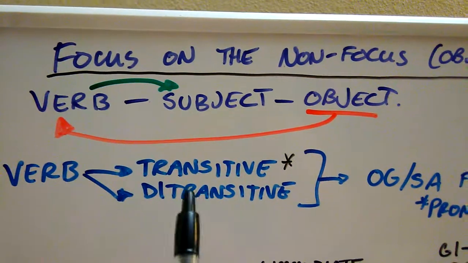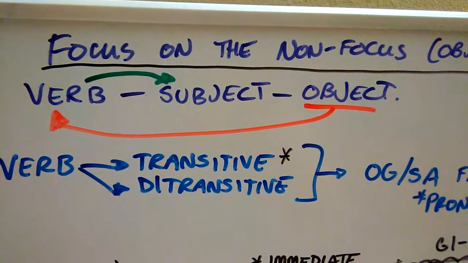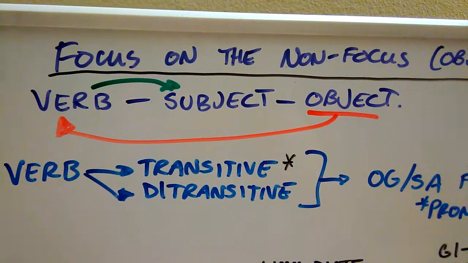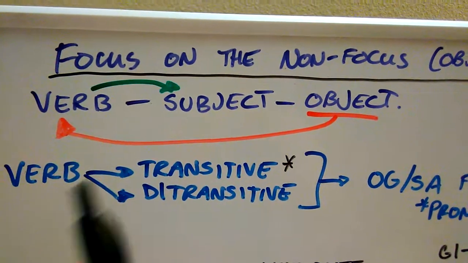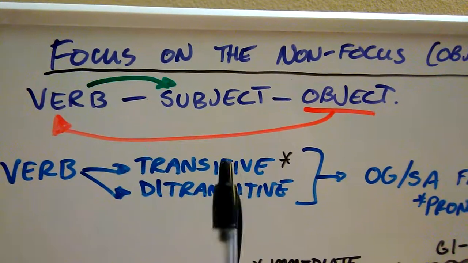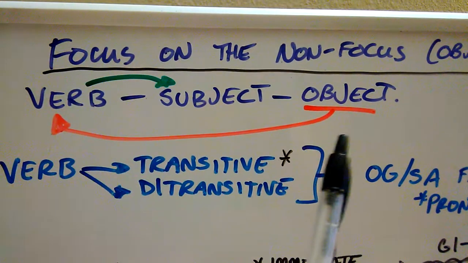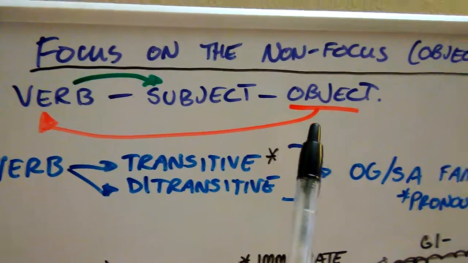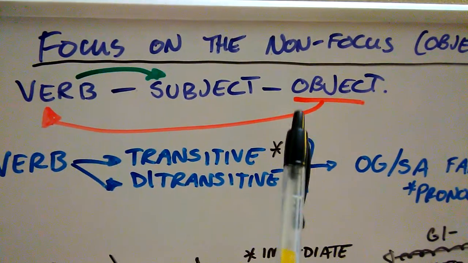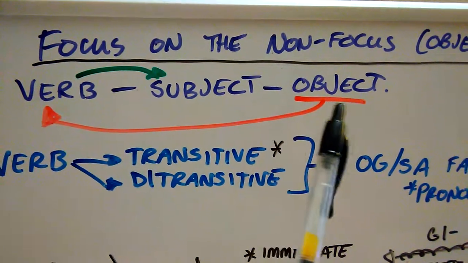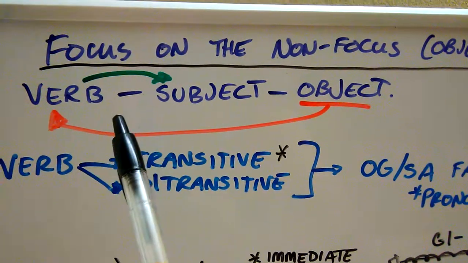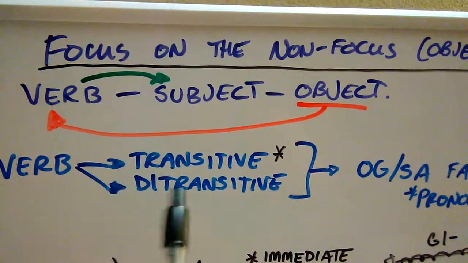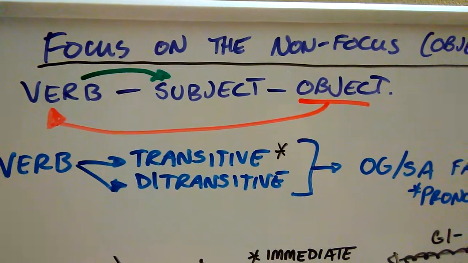And that's when we use the ergative case pronouns. Okay, so whenever this object becomes our focus, and how do we make it into a focus? By marking it with the ang, right? Whenever this object becomes our focus, the verb changes the conjugation depending on if it's transitive or ditransitive.